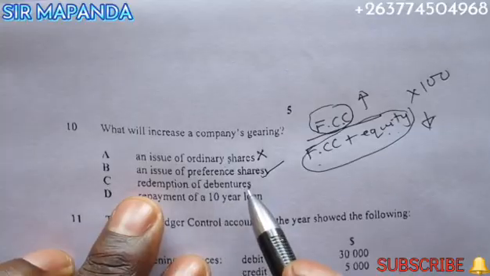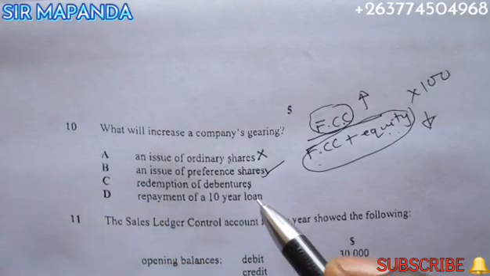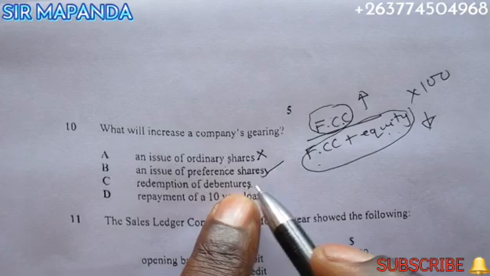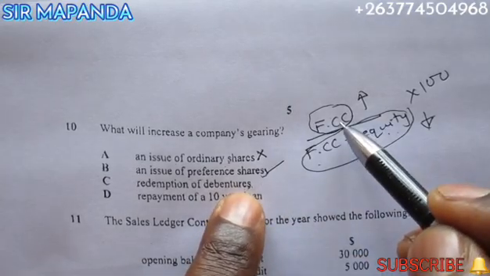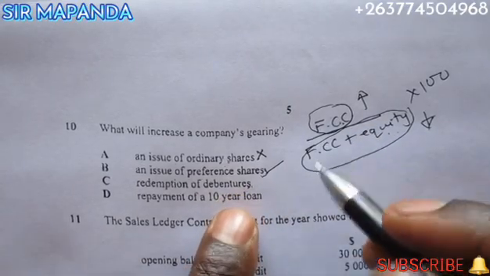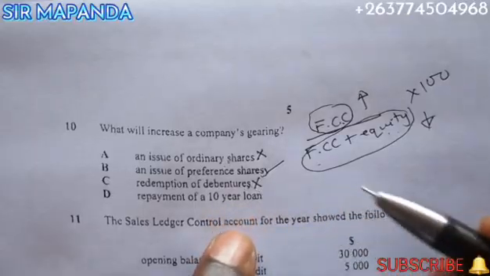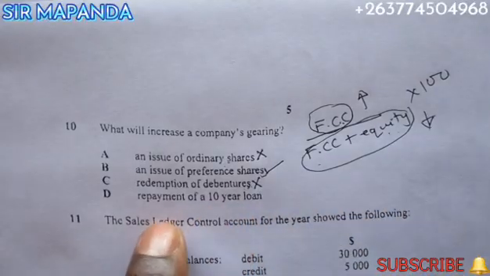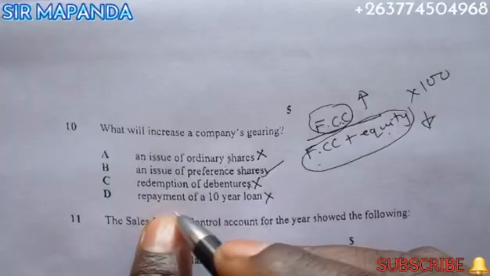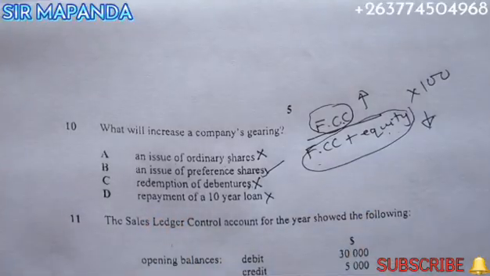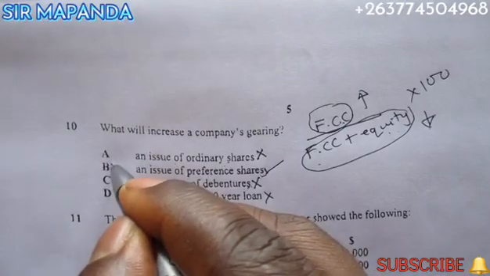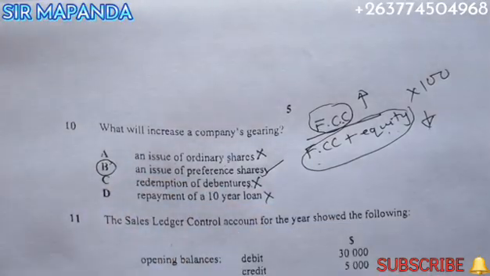Redemption of debentures. Redemption is the decrease of debentures. So decreasing debentures is going to decrease FCC, which is against what we want. So this is wrong, and also D is wrong. Repayment of a loan decreases the FCC as well. So our answer is issue of preference shares, B.